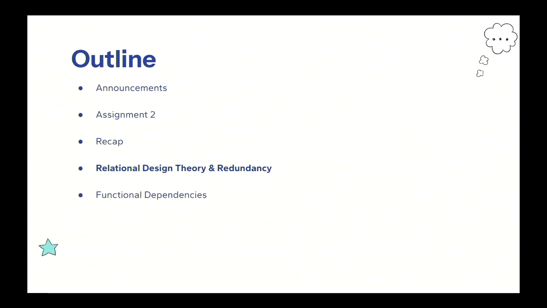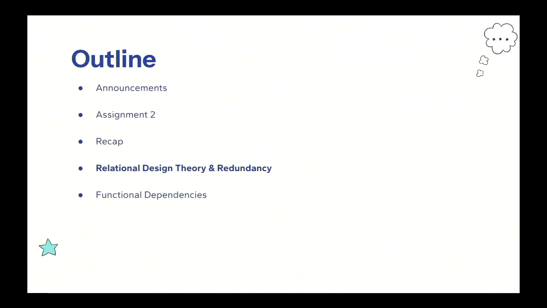And now, what we have learned so far are how we do data modeling. We have different types of data models. We can use ER models, we can use relational models, and how do we map between ER models and relational models. And we have learned SQL as well.